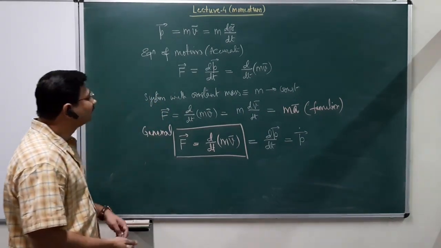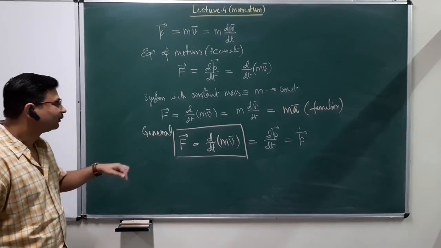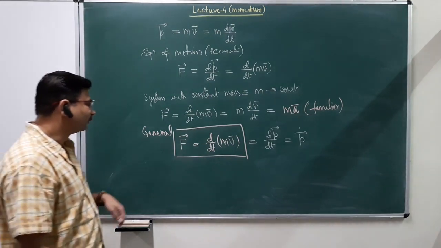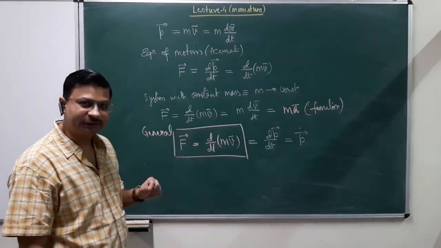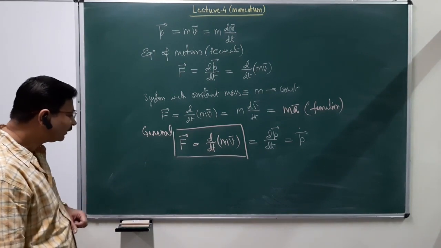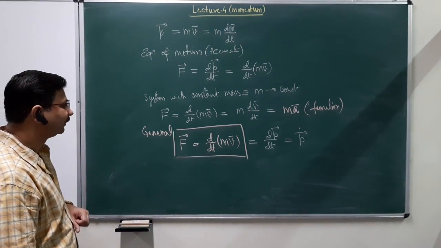Okay. And now what I'll do is, we'll just take an example to discuss this important point. We'll take a system where mass actually is changing, and then we'll see what is the effect of changing mass on the evolution of the system.